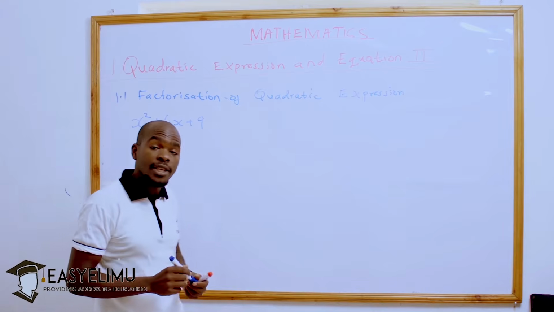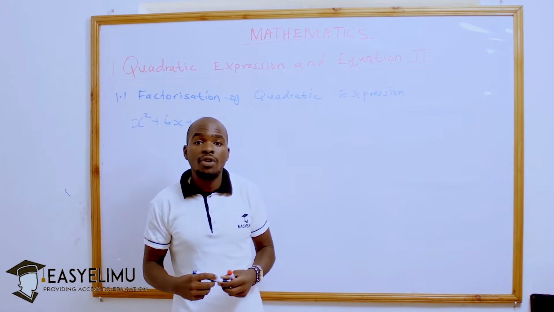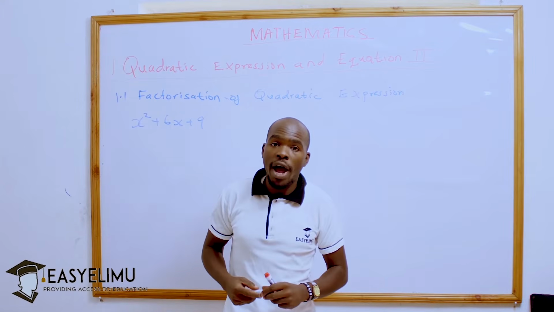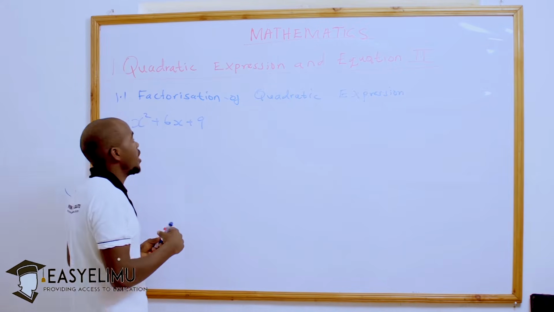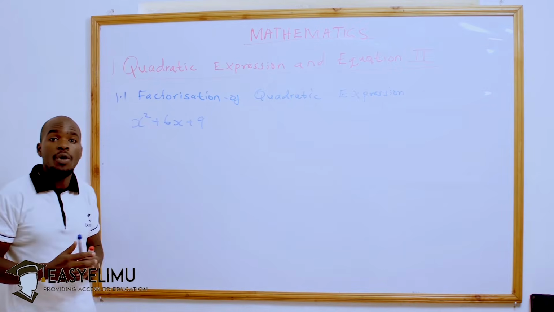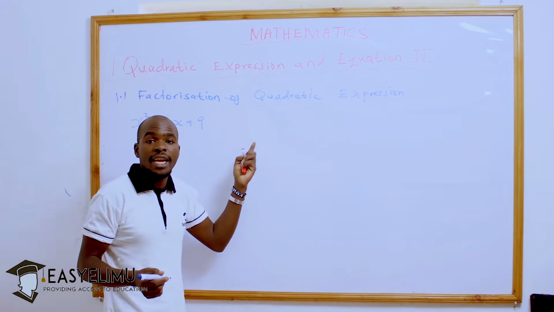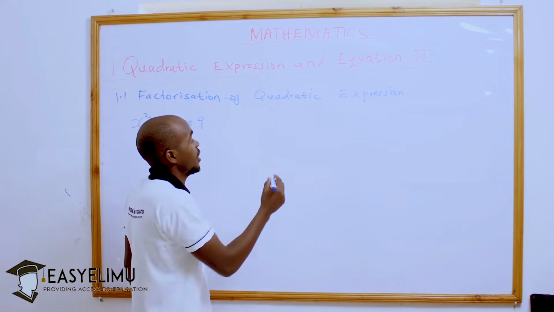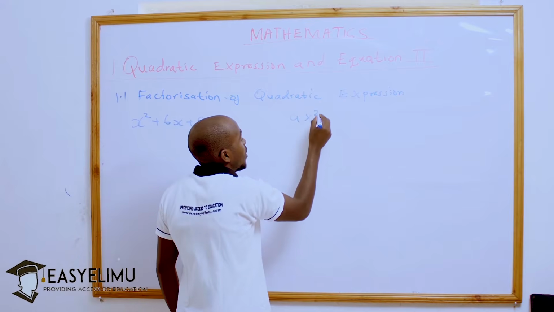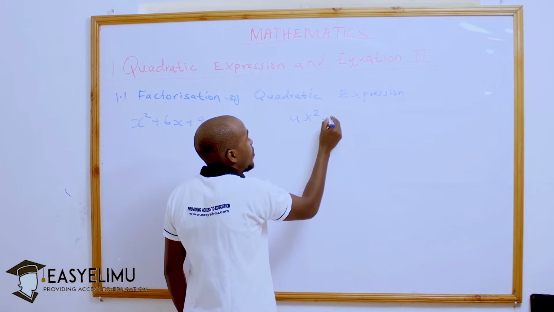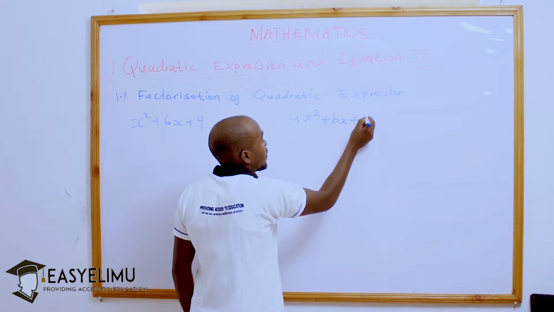Having this expression, we learned how to factorize them in Book 2, and we did say that in order to factorize this, we can use simple ways. We know any kind of quadratic expression is given in the form ax squared plus bx plus c.